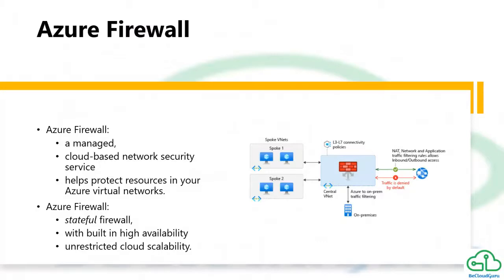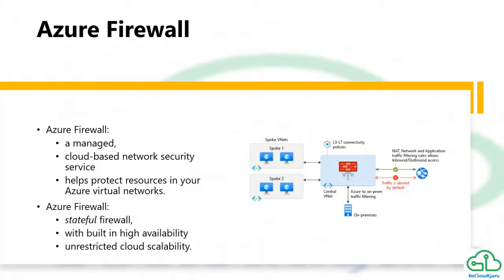With Azure Firewall, you will get built-in high availability as well as unrestricted cloud scalability. All the traffic by default is denied. When we talk about the recommended architecture, it is recommended to place your firewall in a central or hub VNET, in a hub and spoke kind of architecture, which is a recommended network architecture from Microsoft.